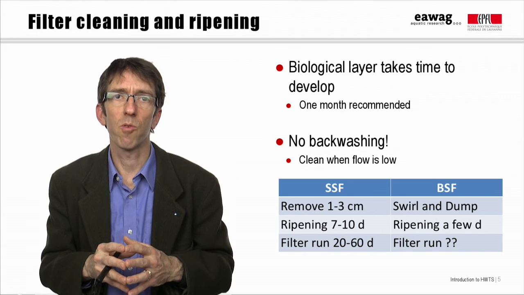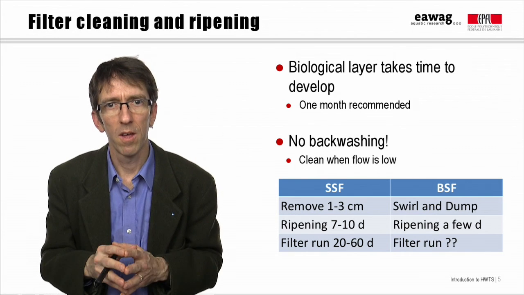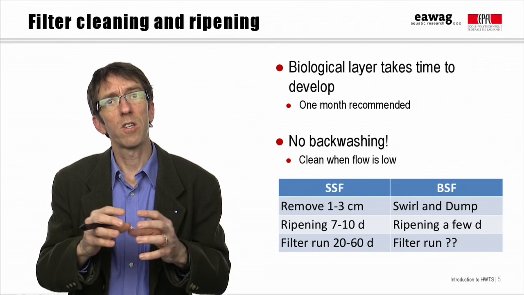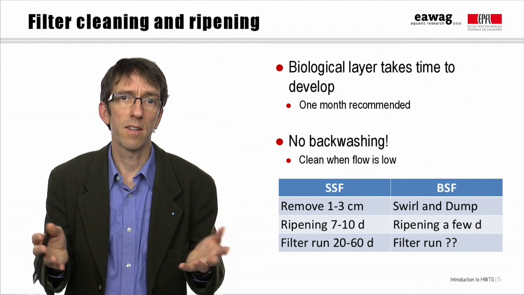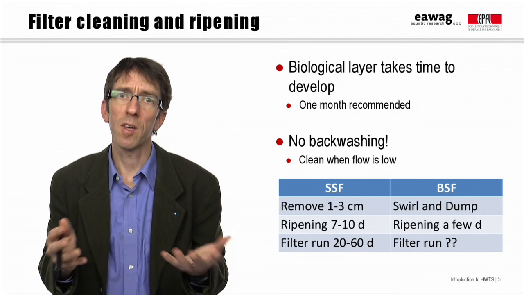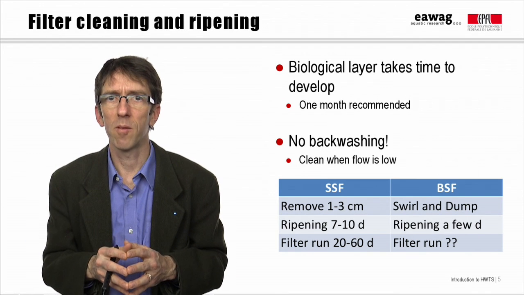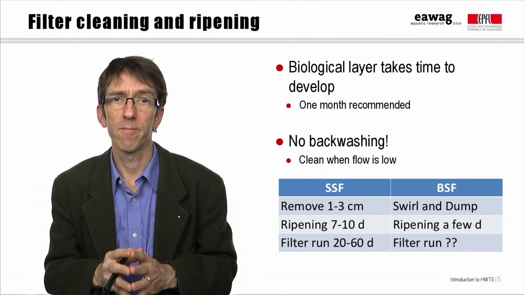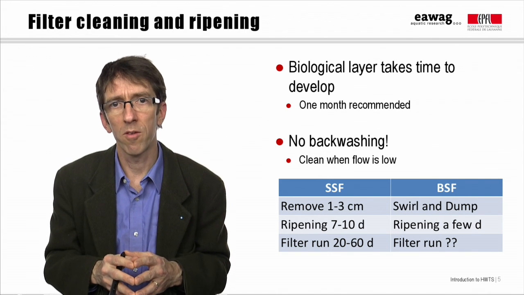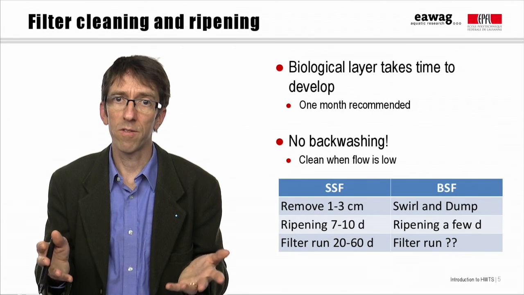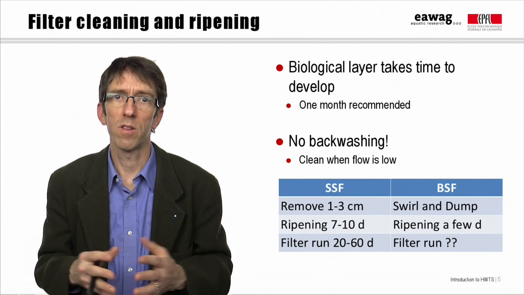The process might be repeated if the sand's very dirty. Because much of the biological Schmutzdecke remains in the sand and isn't removed, the ripening period is less, and CAWST recommends just a few days of ripening. The frequency of such cleaning at a household level really depends on the quality of the water and the amount of water that's treated.